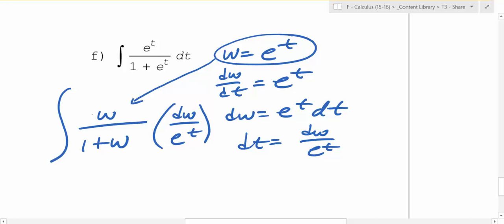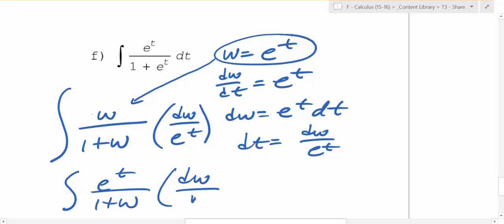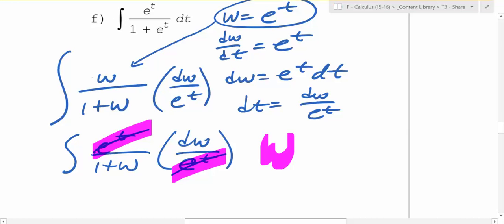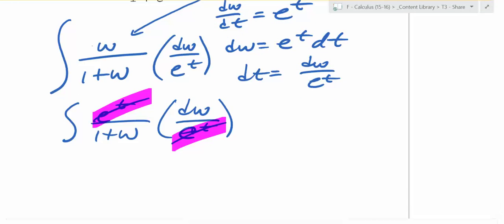There's two variables. So we could say e to the t over 1 plus w, dw over e to the t. Hey, what cancels now? The e to the t cancels. Is that nice? Yeah, it is. Yay.